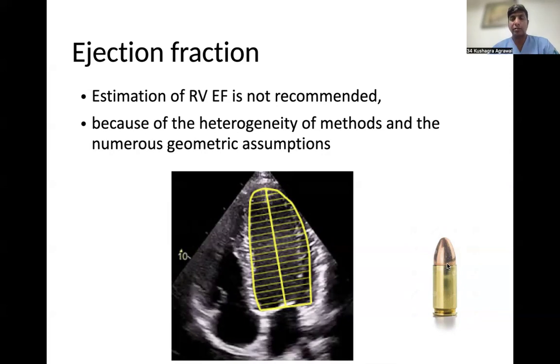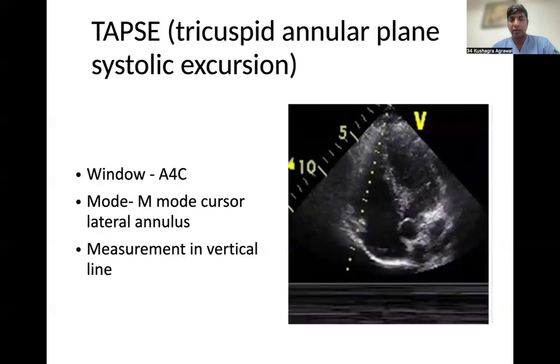But these assumptions cannot be applied when we measure the RVEF because the shape of the RV is very irregular. It is just like a crescent, sometimes more ellipsoid. So we cannot measure ejection fraction of the right side. In that case, TAPSE is very important.